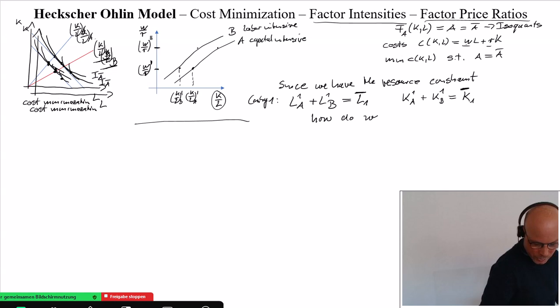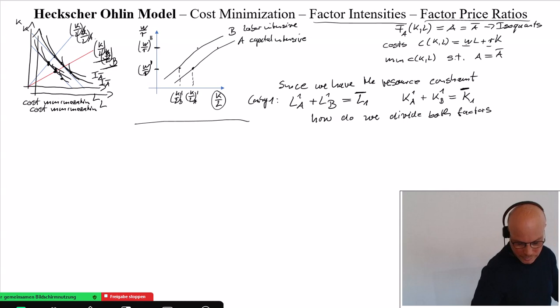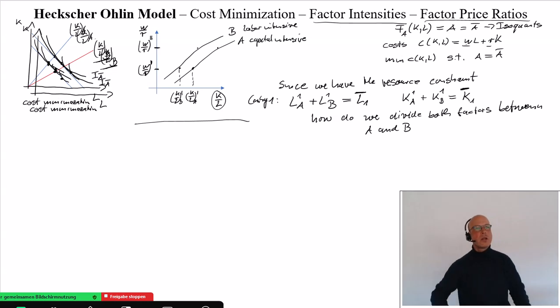So how do we divide both factors between A and B? What would be the optimal choice for the division of both factors?